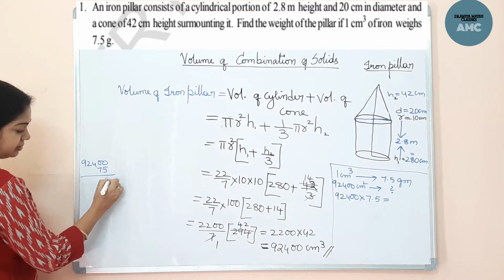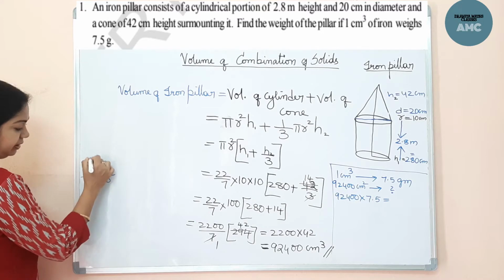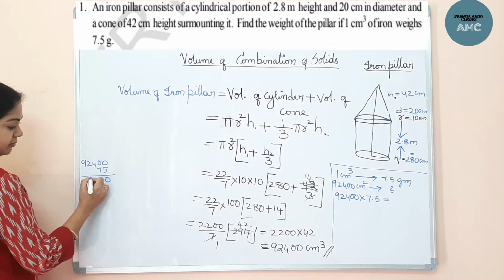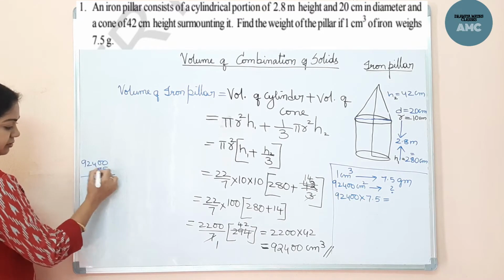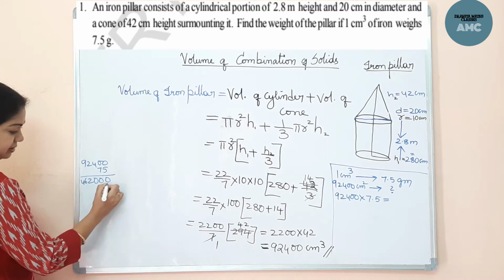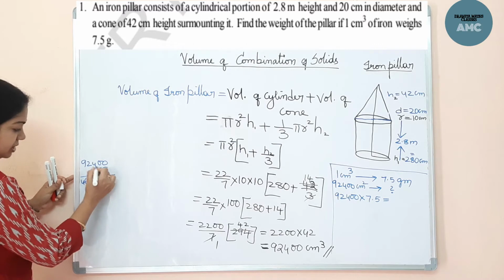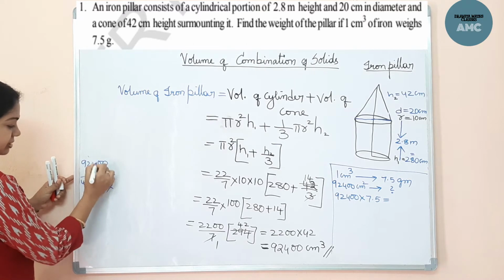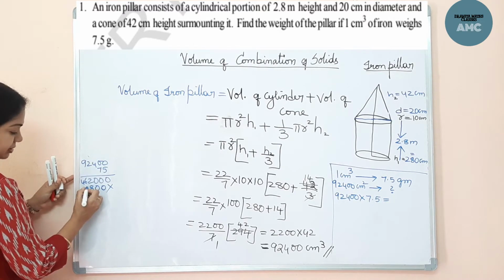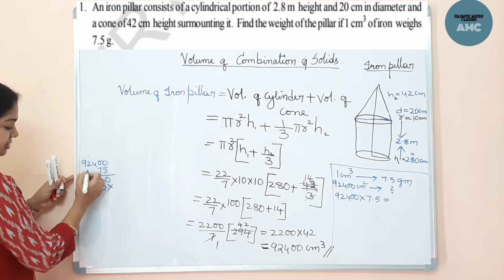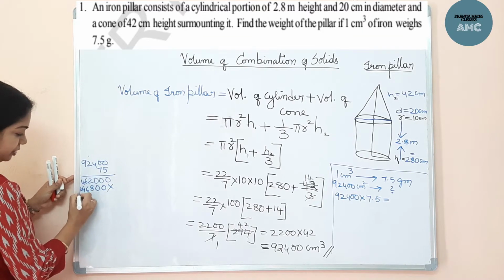92400 into 75, right? 0 0, 4 5s are 20, 4 2s are 12, 5 2s are 10, 12, 45, 46. Now here 7 4s are 28, 7 2s are 14 plus 2 is 16, 9 7s are 63, so 64 here.